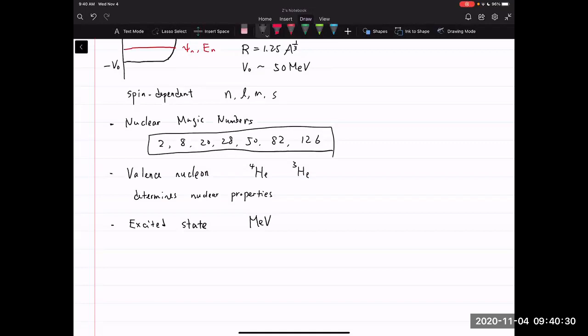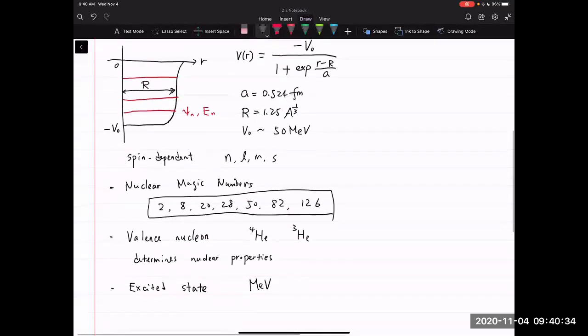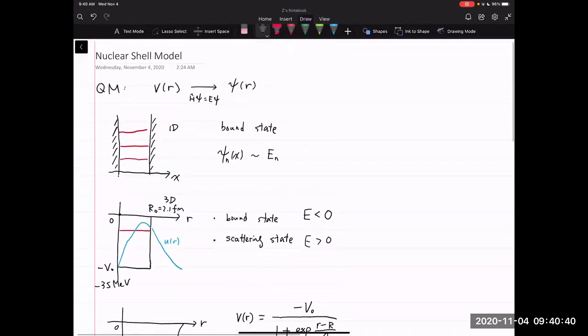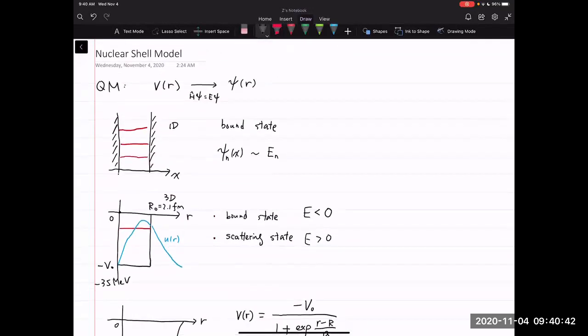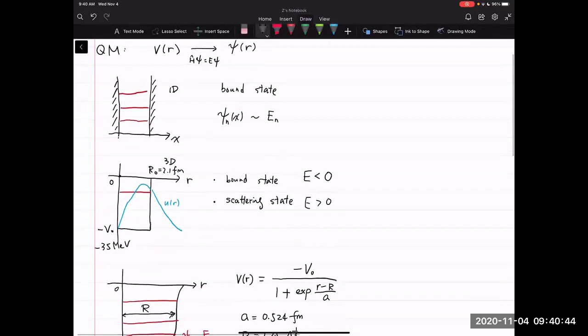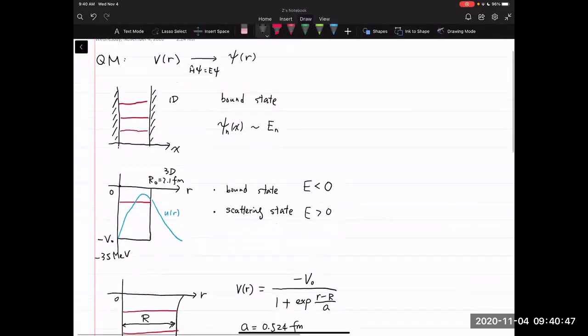So all of them are essentially described by this model. And because we have multiple levels, this is what we call the nuclear shell model. So multiple layers, going back to the title for this lecture.